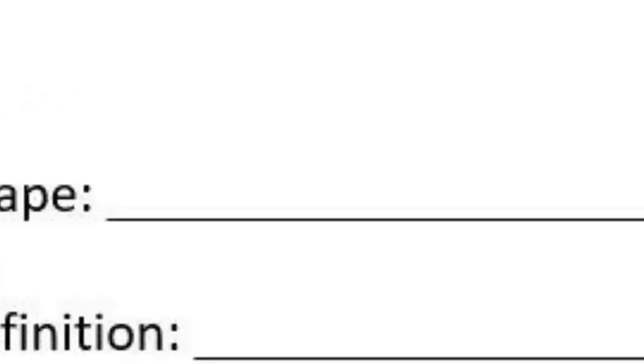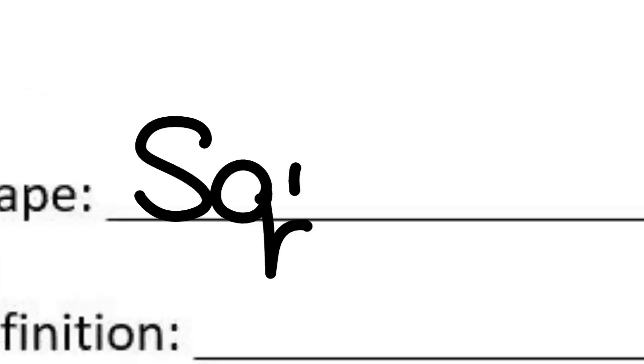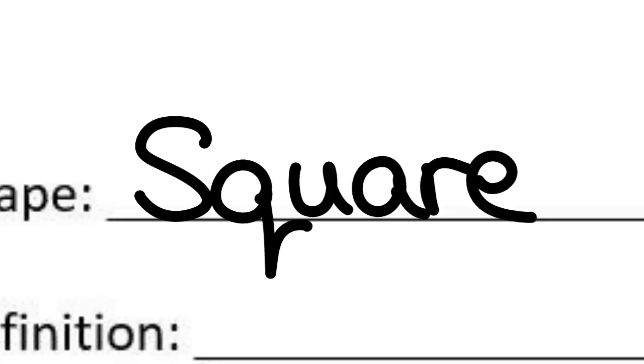All right, so like I said, next shape is a square. This was the last type of special parallelogram that we talked about.